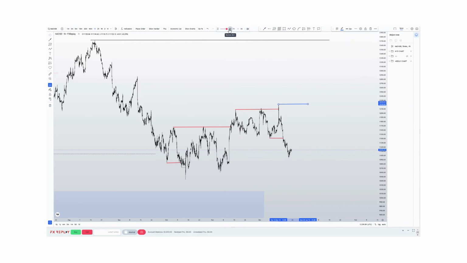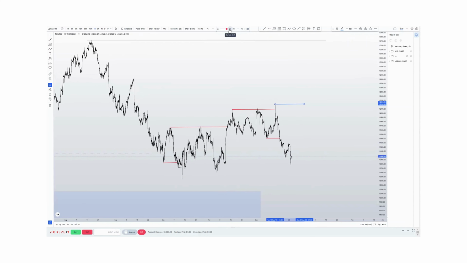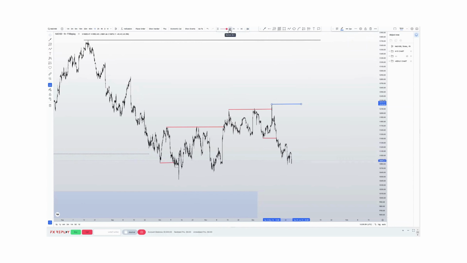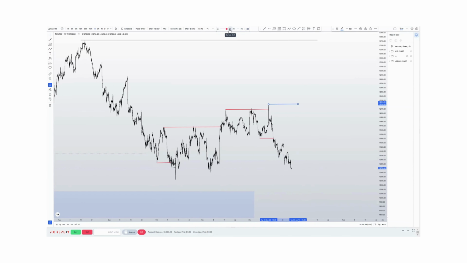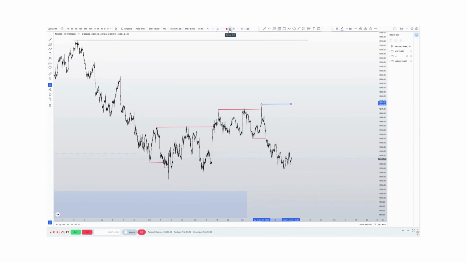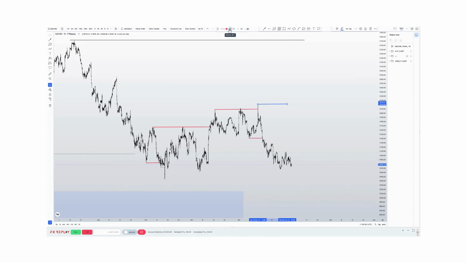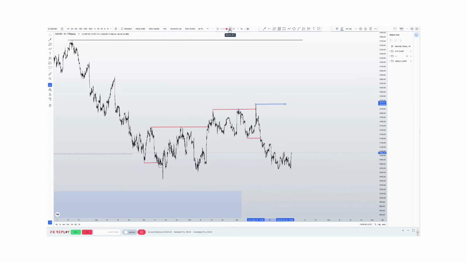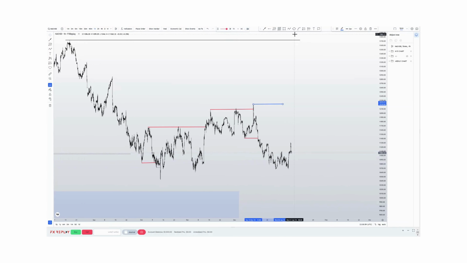So let's play price and see if we will have a break of structure on the H4. Now the M15 internal has shifted bullish. I'm trying to play this as fast as possible and make the video short so that you may grasp everything all together. We have the formation of our wick swing at that point.